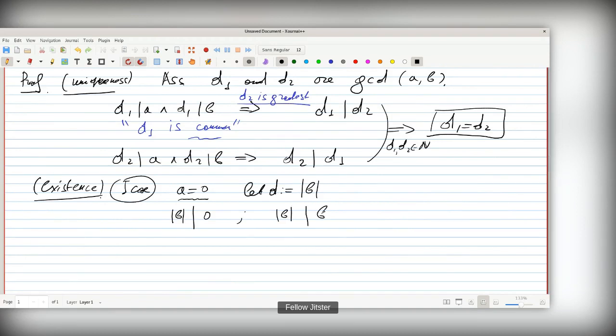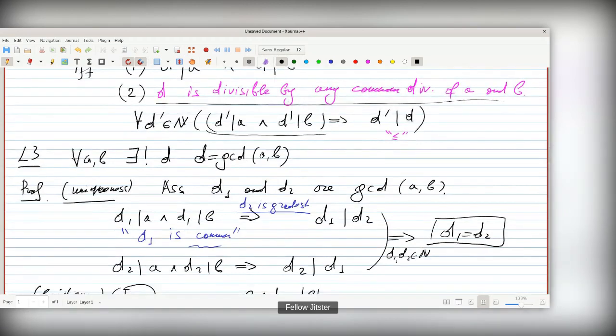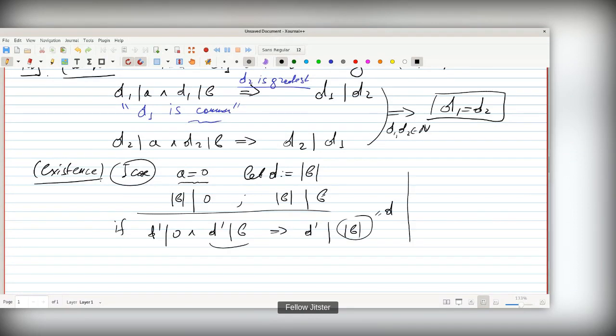And I want to prove that it is indeed the greatest one. Everything is checked directly against the definition. Assume that some D prime divides 0 and divides B. If D prime divides our A, that is 0, and D prime divides B, then it is quite clear that D prime must divide the absolute value of B, which is our alleged greatest common divisor.